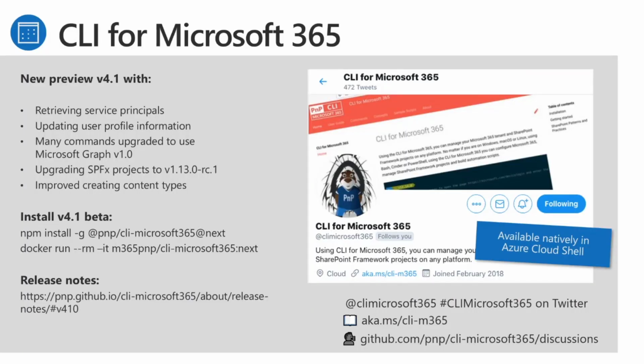New preview v4.1 with retrieving service principals, updating user profile information, many commands upgraded to use the Graph v1. So that stuff that was previously pointing to beta has now been able to move to v1, upgrading SPFx projects to the latest release candidate, and improved creating of content types. Commands are there to install the v1 or v4.1 beta, and as well the release notes there for the V4 stuff.